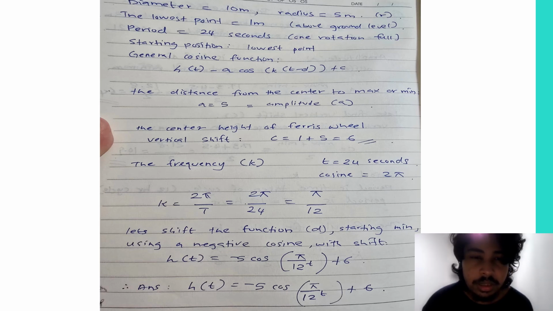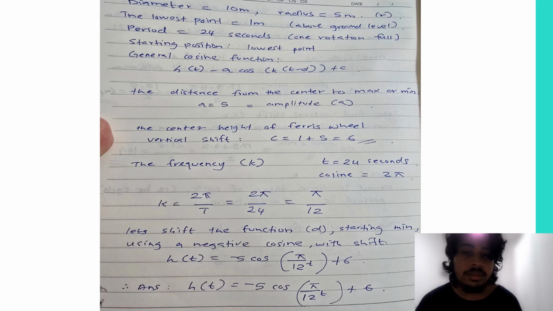h(t) = a cos(k(t − d)) + c. The distance from the center to the maximum or the minimum is a equals 5, the amplitude.